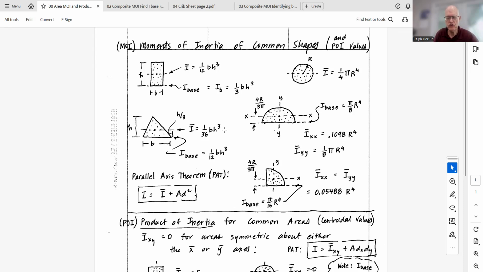If you understand what you're doing, and a shape already touches an axis, then you don't have to use the I bar form. You can just use an I base form, which comes from the table. So make sure you have I base formulas, or that you understand what an I base formula is, because it simplifies your actual problems. So this is what we're going to do. Let's do some simple calculations of these.